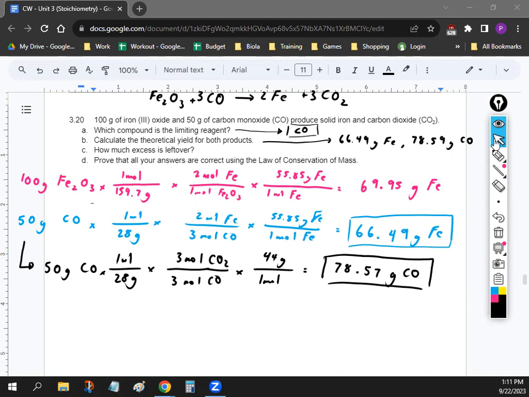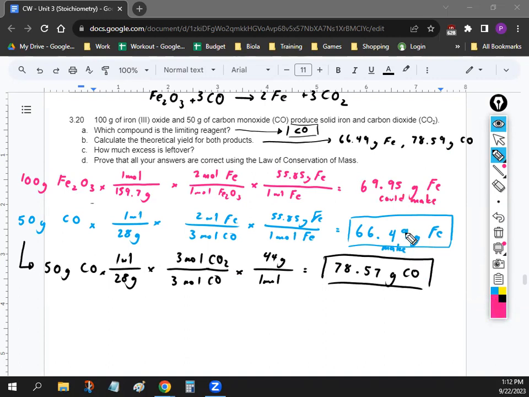Okay, let's move on to part C now. Now we're trying to find the leftover, okay? So for the leftover, we're gonna do what we just learned. We're gonna take this value right here, the 69 grams of Fe. This is what we could have made. And then this right here, the 66.49, this is what we actually made, right?